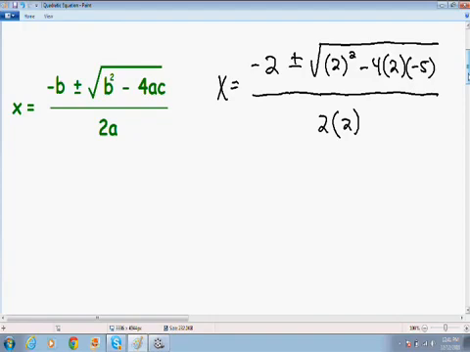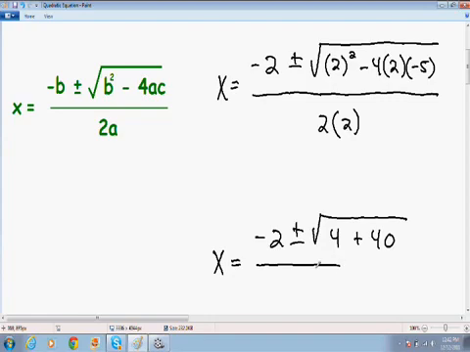The first thing I'm going to do is simplify the square root. I'm going to write everything else exactly the same. Inside the square root, 2 squared is just 4. Then we have a -4 multiplied by 2, which is -8, and -8 multiplied by -5 is +40.